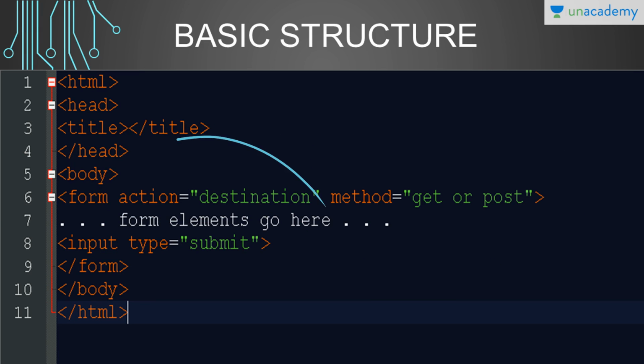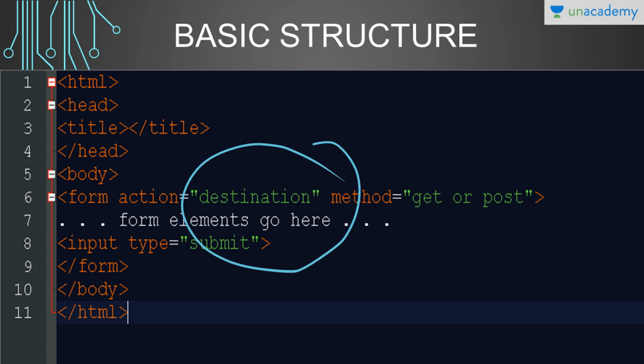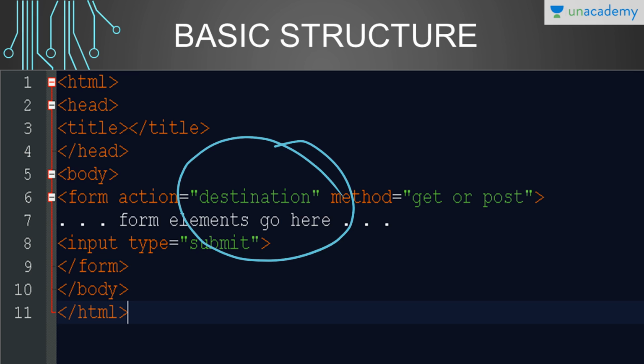In the action attribute, we will write the destination of the PHP file or any other server-side scripting language file. It may be PHP, C#, Java, Python, anything. I'll be using a PHP file, so in action I'll just give the link of my PHP file.